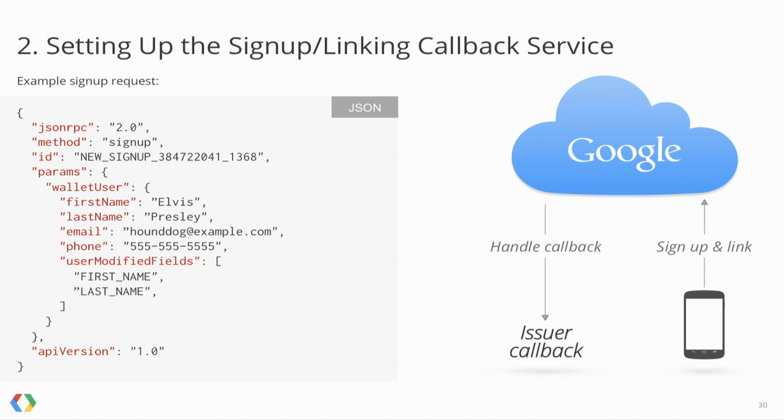So what we're looking at here is an example of a sign-up request. The primary thing to focus on in here is the wallet user profile in the middle of the sign-up request. One of the benefits of instant sign-up is that we use the information that is in the user's wallet profile to pre-populate the forms that are used to sign up for your loyalty program.